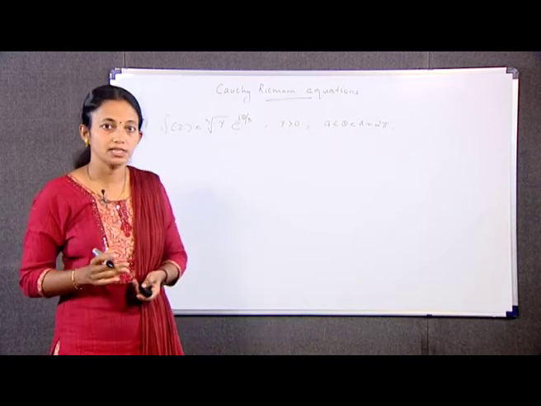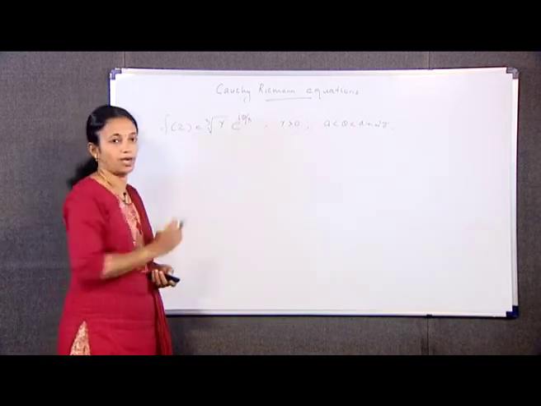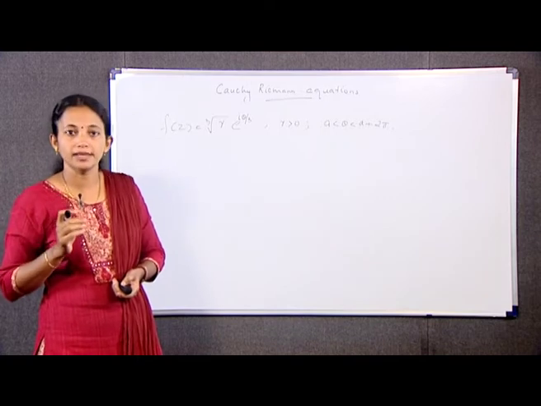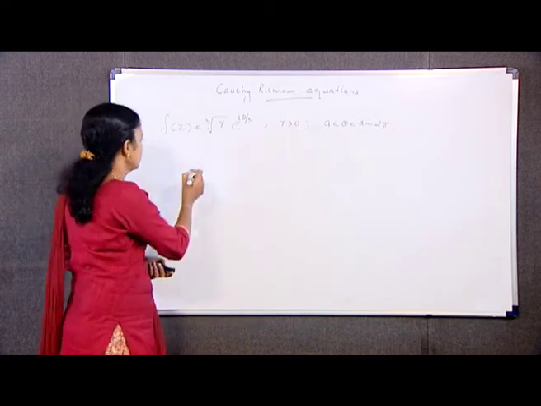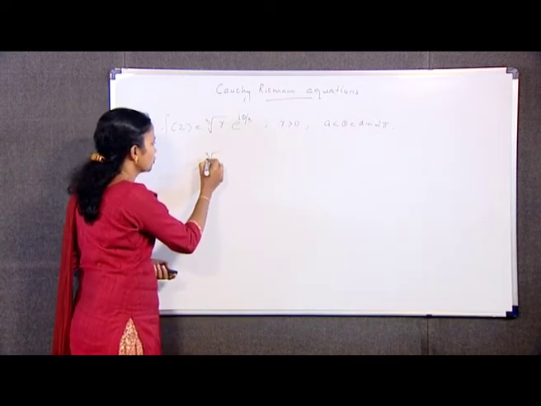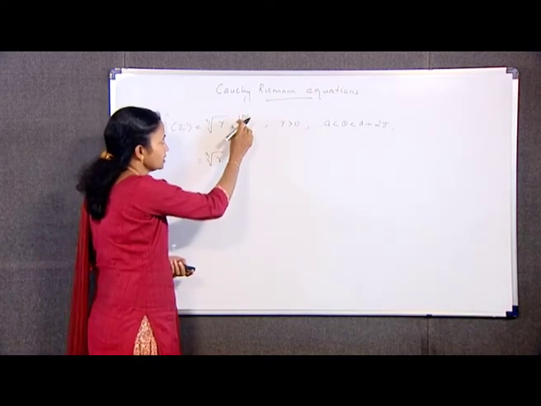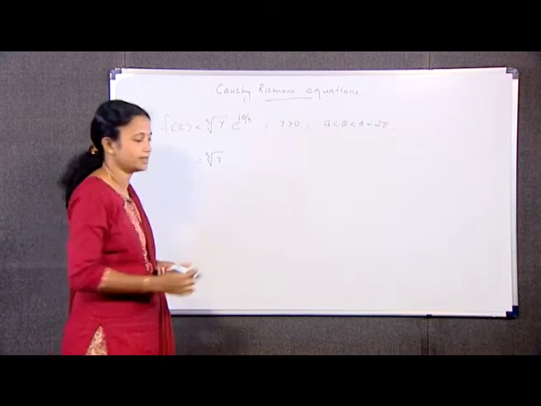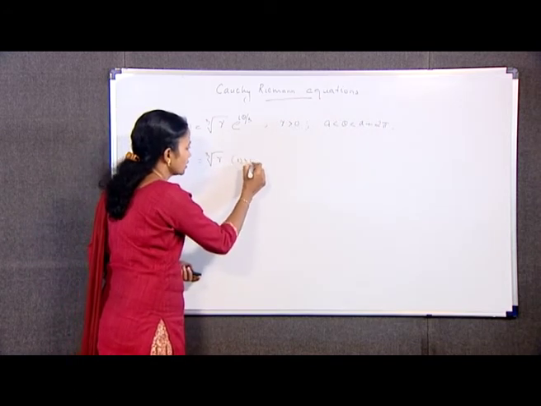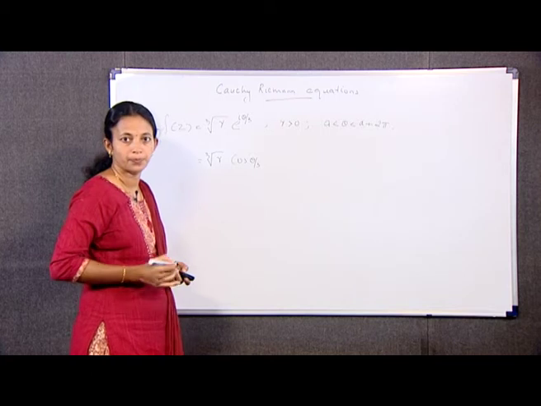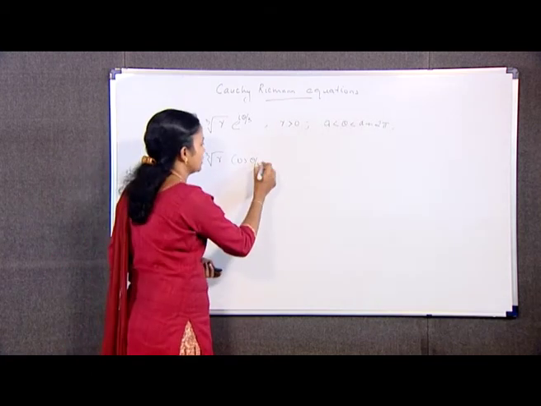Here f(z) is equal to cube root of r e raised to i theta by 3, which is equal to cube root of r into cos theta by 3 plus i sin theta by 3. I can expand e raised to i theta by 3 as cos theta by 3 plus i sin theta by 3.